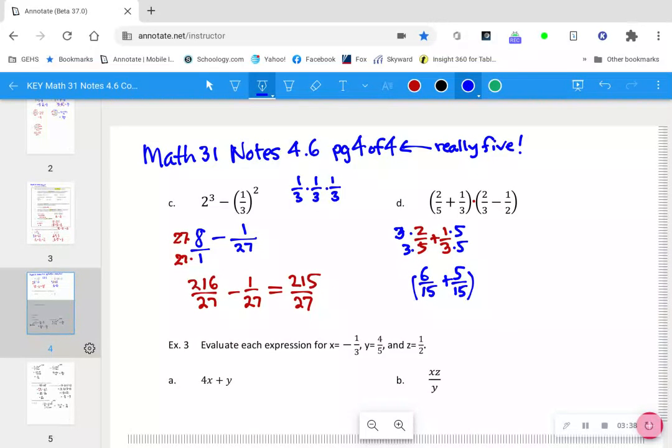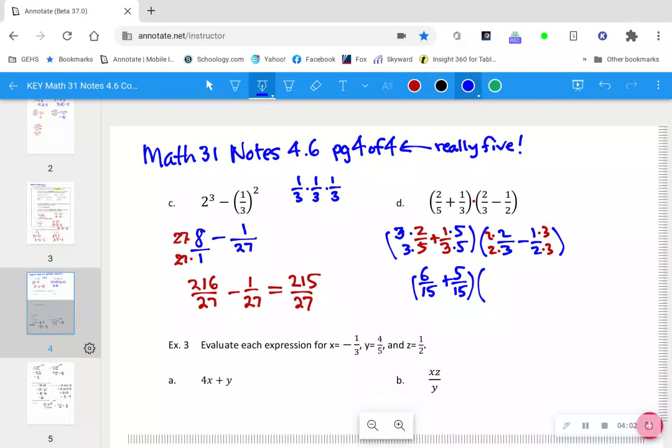That'll become 11/15 eventually. Okay, the back half, I'm going to shoot for, looks like 3 and 2 will go into 6. Hang tight. Multiply this by 2 and by 2, and this by 3 and by 3, and now you got a 6 on bottom both times.